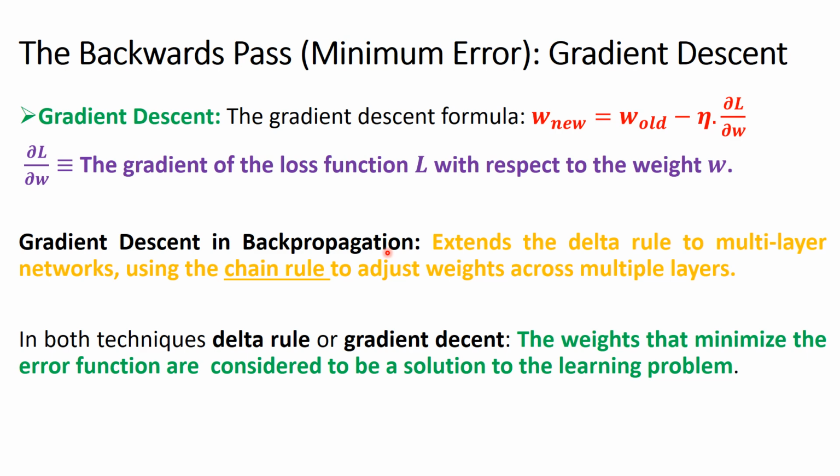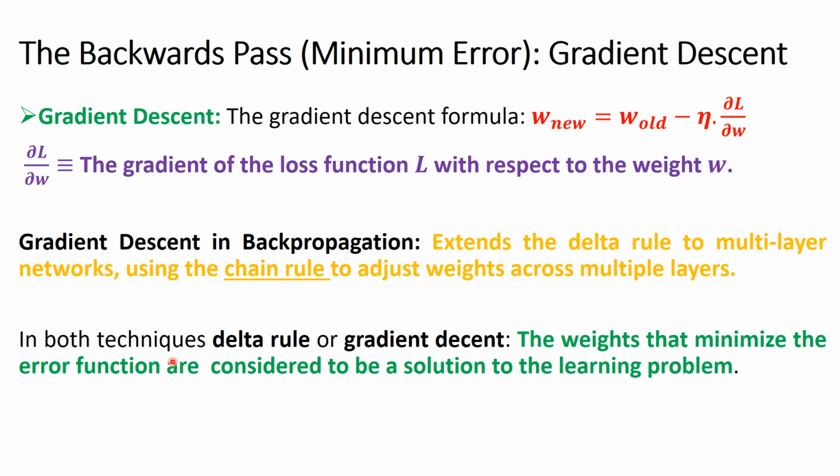الجريدينت ديسنت قلنا بتستخدم في الشبكات اللي بيكون فيها أكثر من طبقة، يعني أي شبكة feed forward neural network apart from the perceptron we can use the gradient descent.